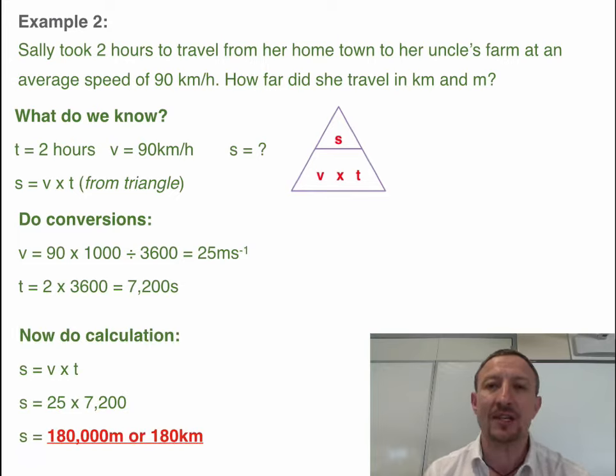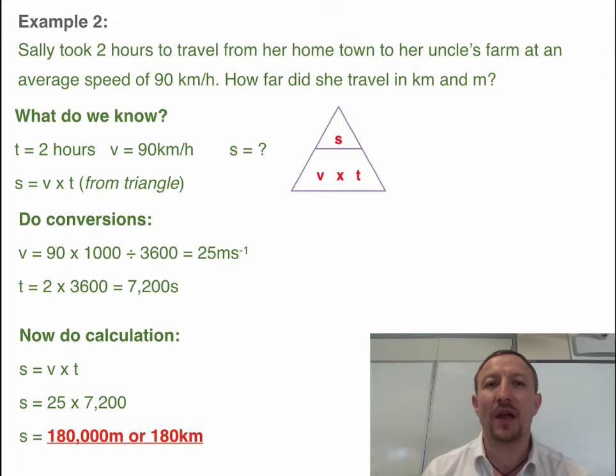So the calculation is S equals V times T, so it's 25 times 7,200 gives me 180,000 metres, or if I divide by 1,000 I can convert it into kilometres, which is 180 kilometres. So you can see that by knowing your conversions, it's very easy to use the formula and find our unknowns.